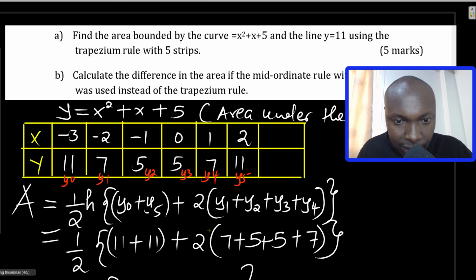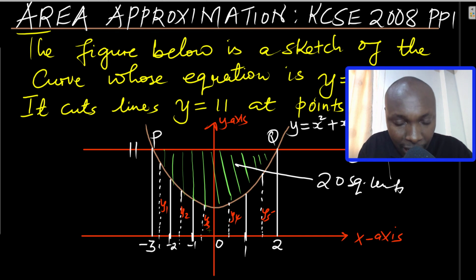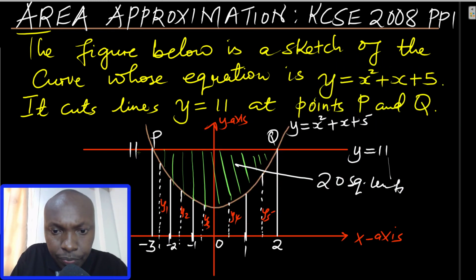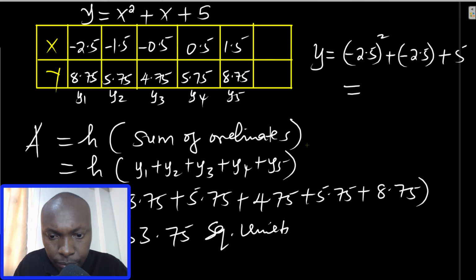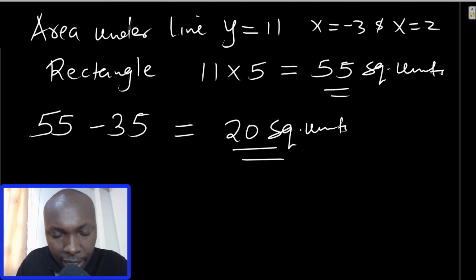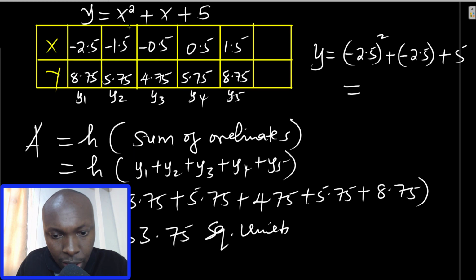It is the area under the curve using the mid-ordinate rule, but it is not the area bounded by the line y is equals to 11 and the curve. So again, to get that area, we need to take the area of the rectangle, which we got as 55, and then we subtract the area under the curve using the mid-ordinate rule, which is 33.75.